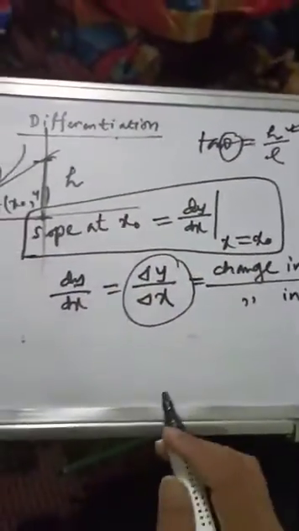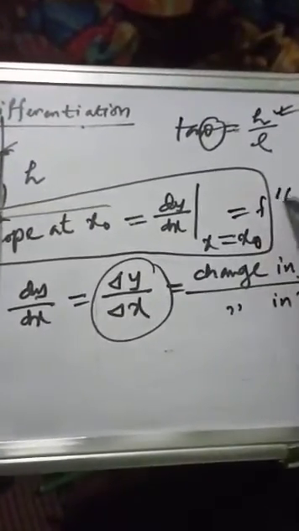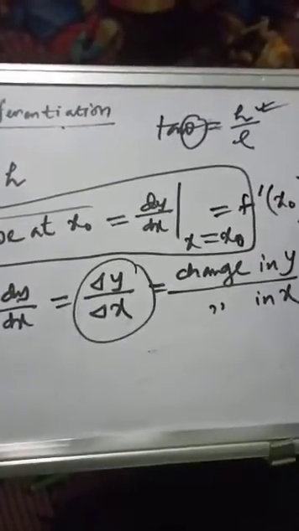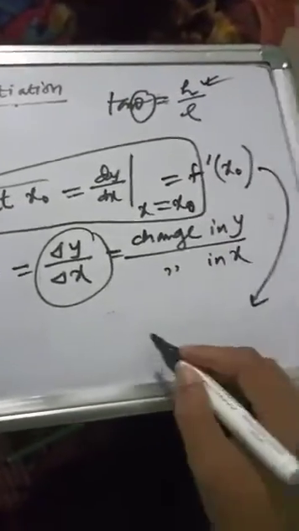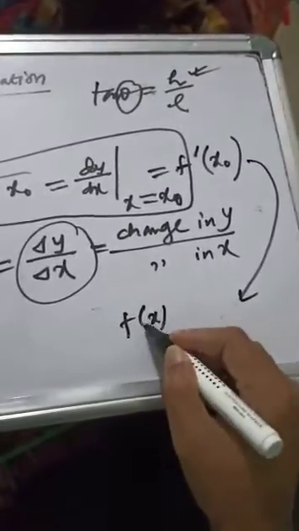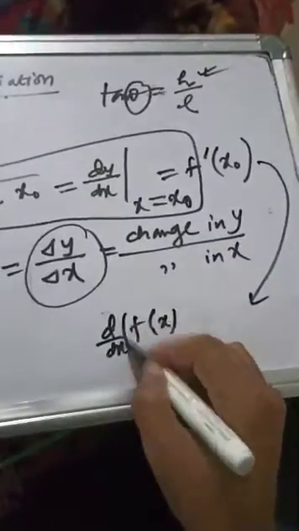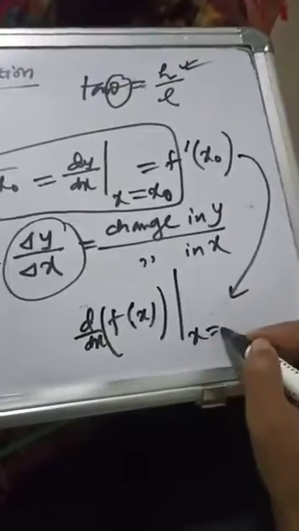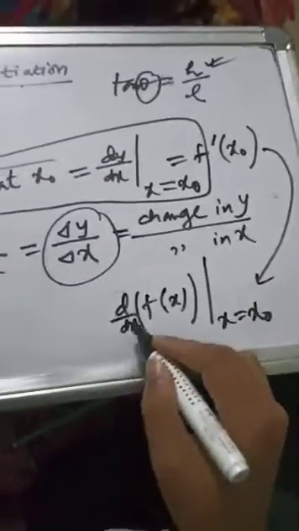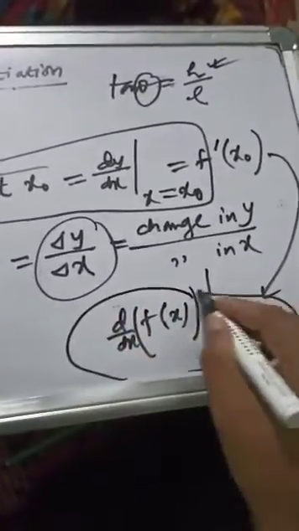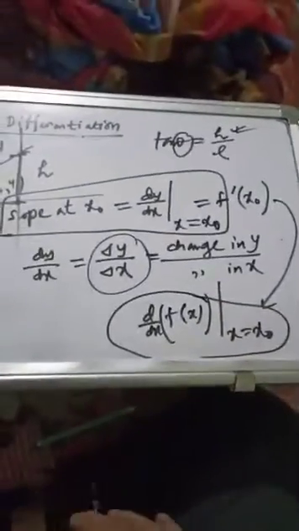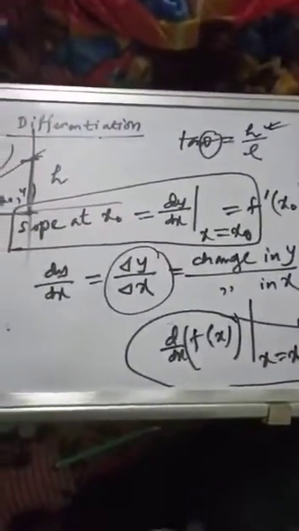Slope at x0 is nothing but the derivative of y at x0, means f dash x0. First of all, differentiate the curve and then put x equal to x0. It is the slope at x equal to x0. Right.